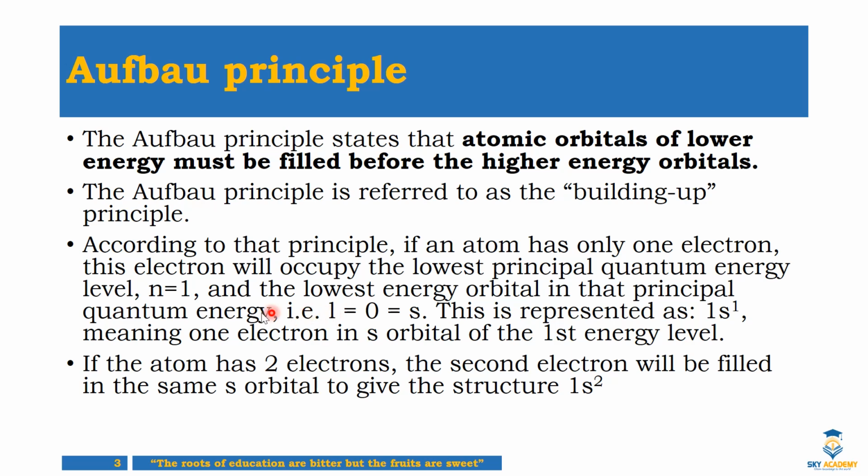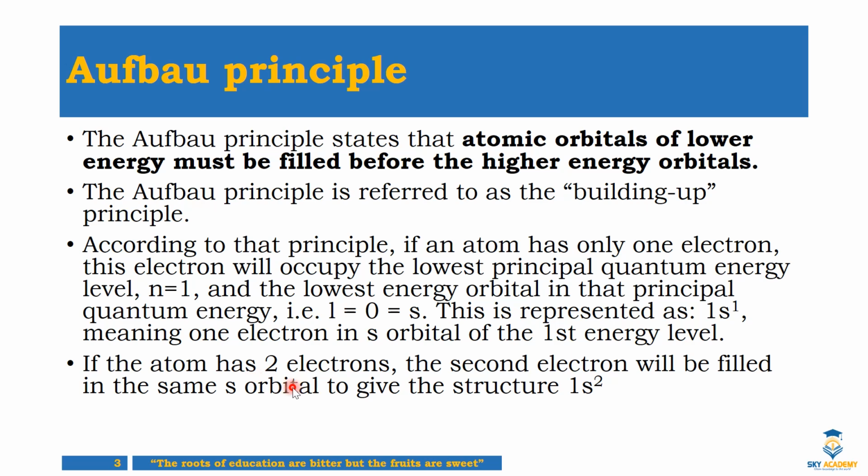For now, with principal quantum number 1, the secondary quantum number is n minus 1, which is 0, corresponding to the s orbital. By representation, one electron is written as 1s1: 1 is the principal quantum number, s is the orbital, and the superscript 1 means one electron in the s orbital of the first energy level.